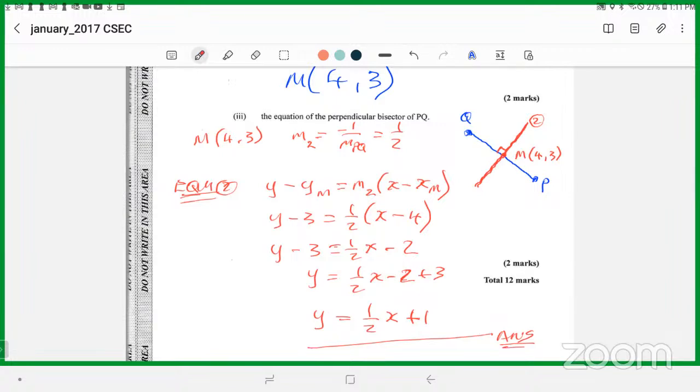You need to understand that you can determine the gradient by just counting off rise over run between 2 points that are clearly on the line. And so you need to redo all these questions that we did today. There's not going to be a lot of different things that they ask you to do on the exam with this topic. There's not going to be a lot of stuff outside of what we did today.